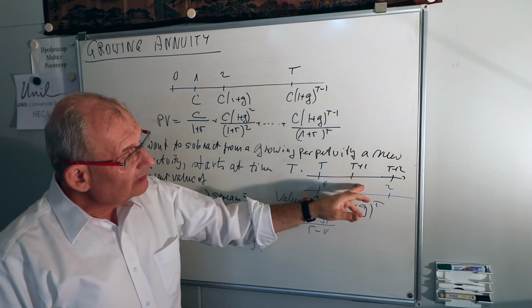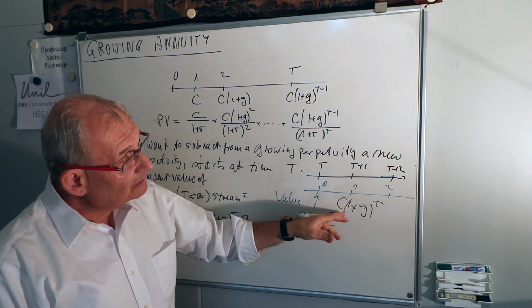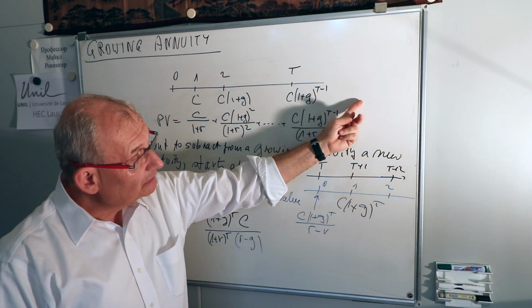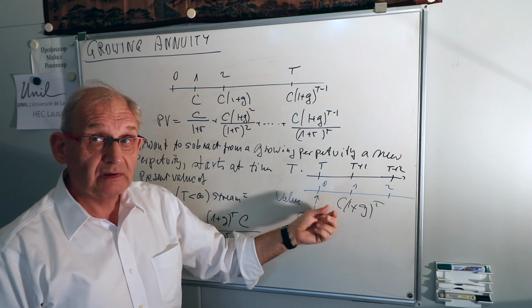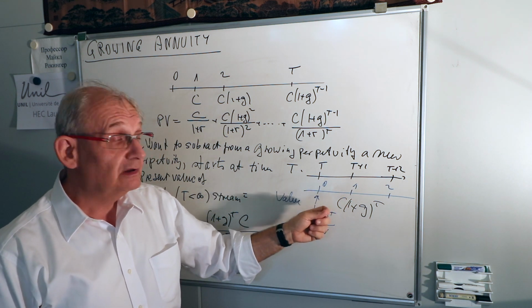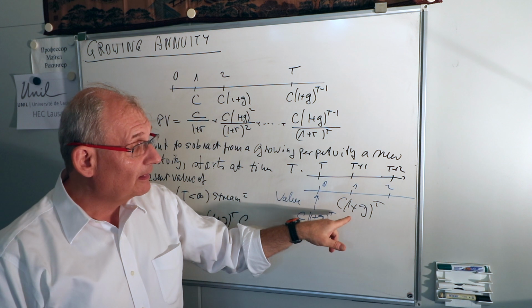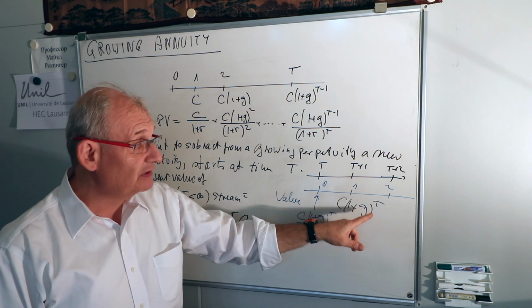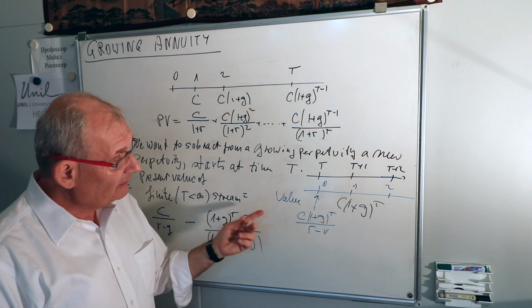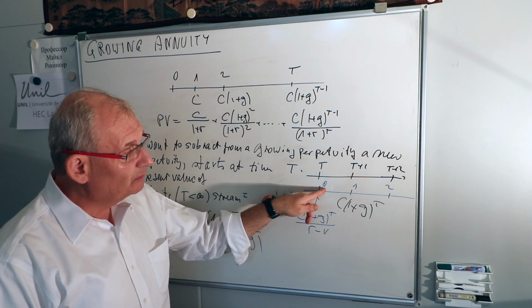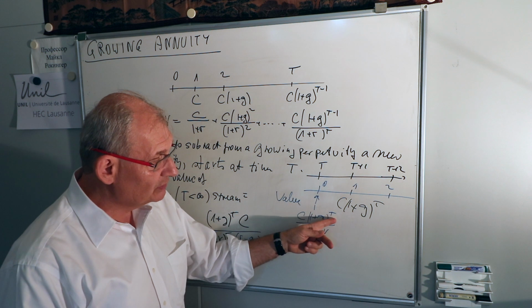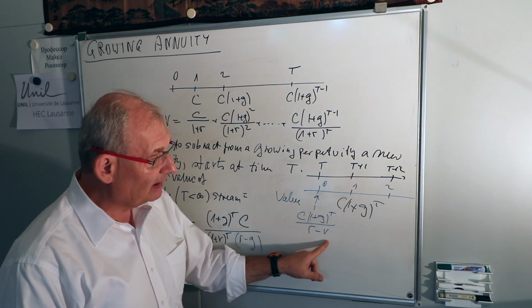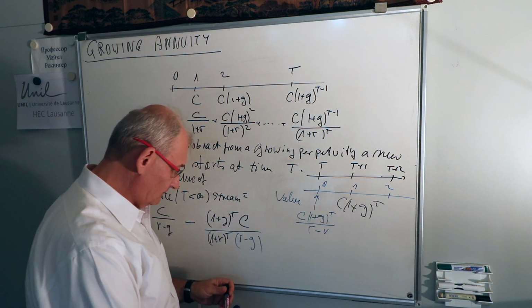If I have a cash flow that starts at time T plus 1, well, if this perpetuity would continue, it would be c times (1 plus g) to the power T. So the first payment that I need for my new perpetuity starting at time 0 is going to be c times (1 plus g) to the power T. The value here at time 0, blue referential, of this infinitely growing perpetuity would be c times (1 plus g) to the power T, first cash flow, divided by r minus g.